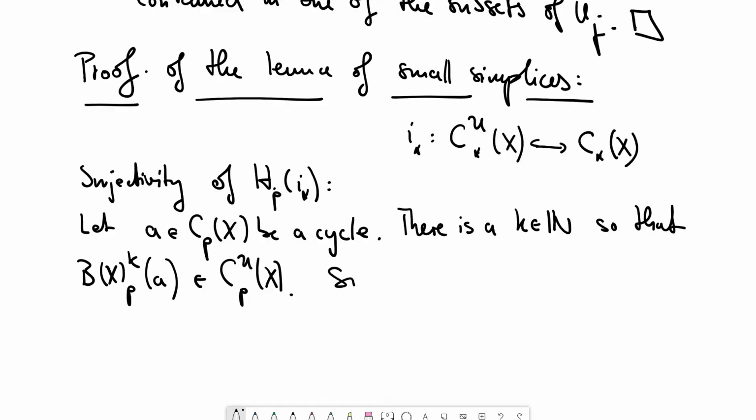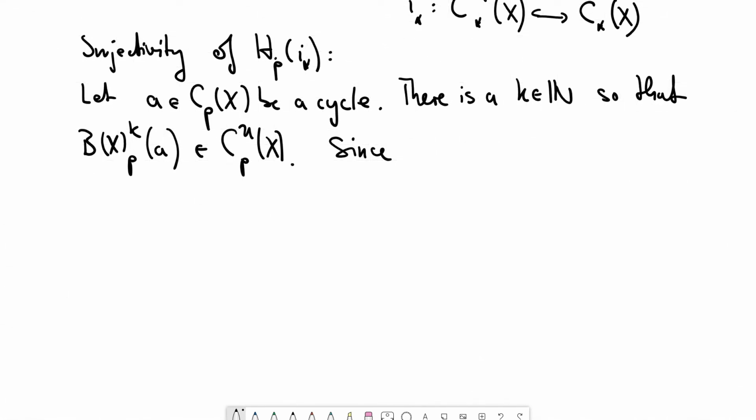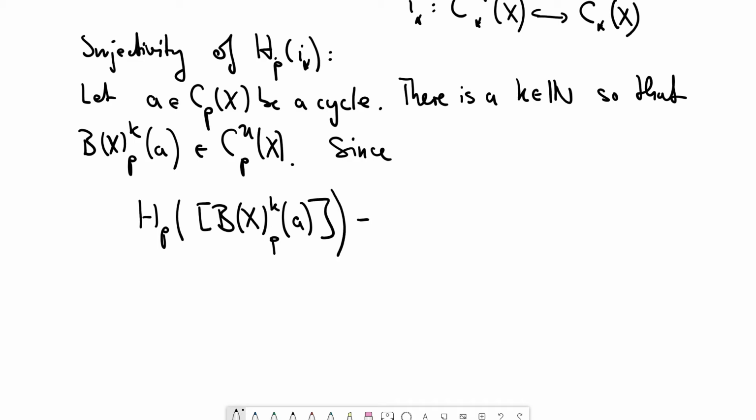And the homology class of both are identical. Why is that? Well, that's because the barycentric subdivision is chain homotopic to the identity. So we can write that H_p of the class given by this subdivided cycle is the same as H_p of this chain map applied to the element A. Right?